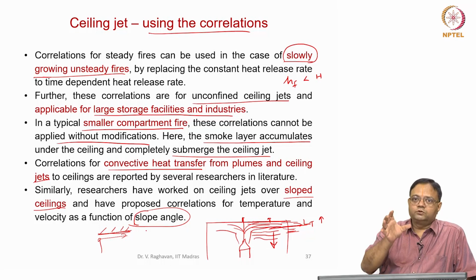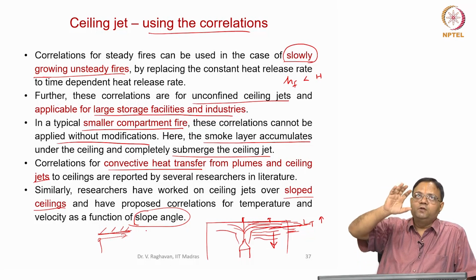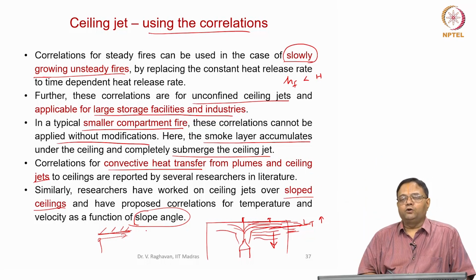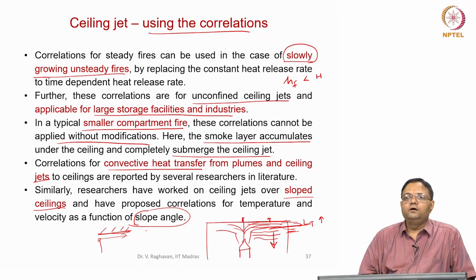So you can see that the ceiling jet basically is a very important characteristic. The plume goes vertically upwards, hits the ceiling and develops as a ceiling jet, and the magnitude of temperature and velocity of the ceiling jet is very important for locating the fire safety devices.